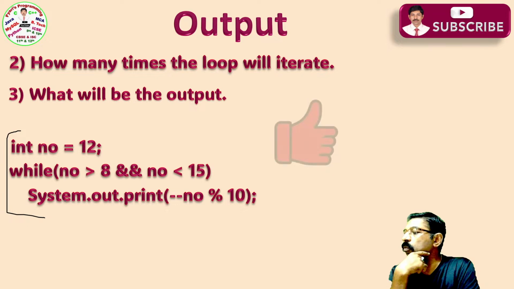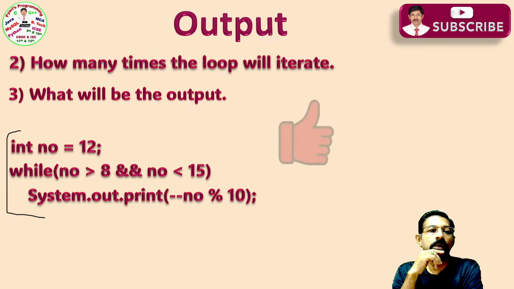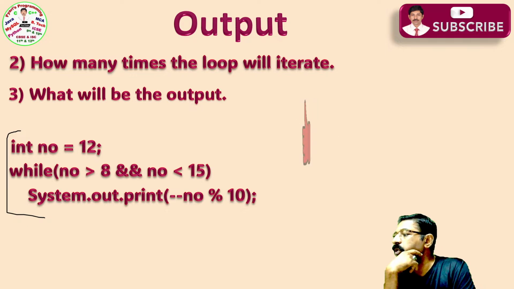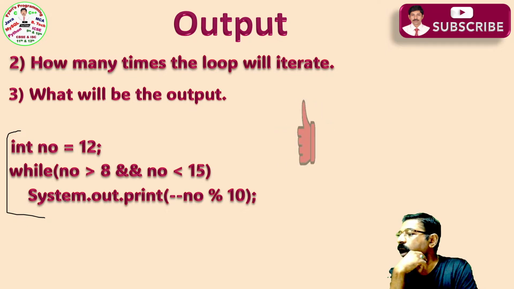Ansita, output will be 1. One time execution, it will execute once and output will be 1. Vishal says 3 times. What will be the output, Vishal? 1098 is the output. Sahil Kaushik, Ayusman 3 times.